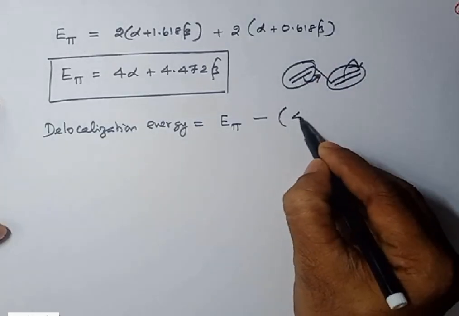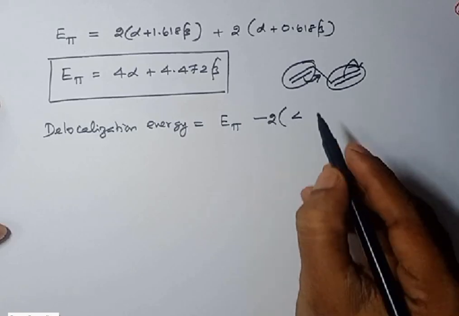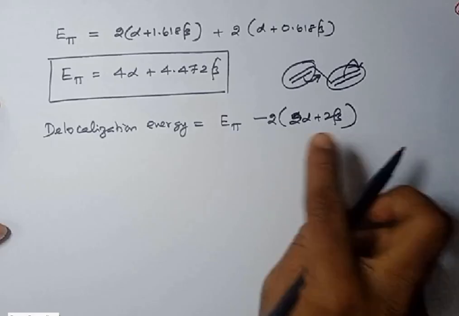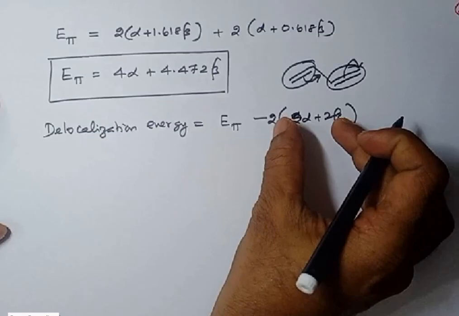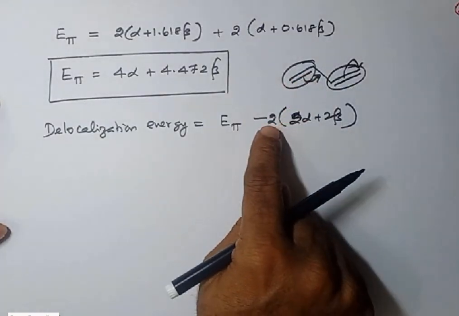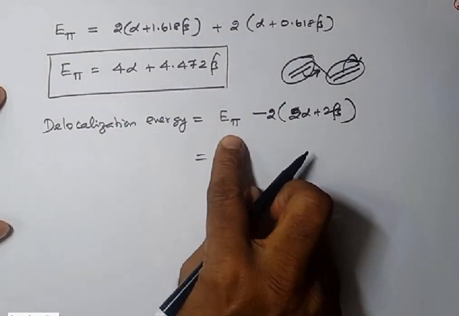The total energy is, we have 2 ethene units, so let me write 2 into, for each ethene unit, the energy is 2 alpha plus 2 beta. This is the pi electronic energy of one ethene unit, and there are 2 ethene units, therefore the energy should be 2 into 2 alpha plus 2 beta. What is the pi electronic energy for 1,3-butadiene?